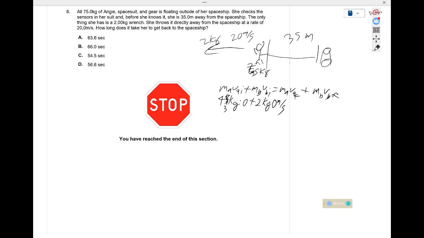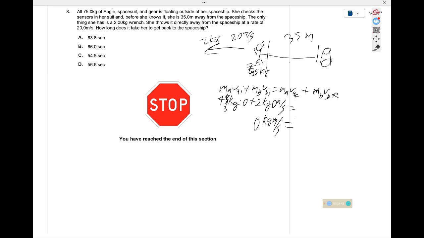So if we're viewing the wrench as a separate object, we need to subtract it from her mass. 73 plus 2, so that's 0 and 0. That makes sense because when they start off, they're just floating in space, nothing doing.